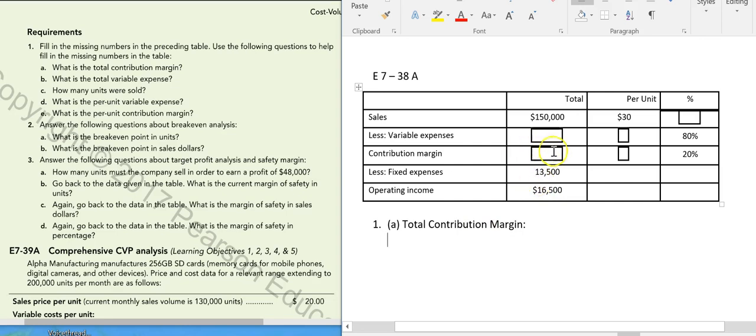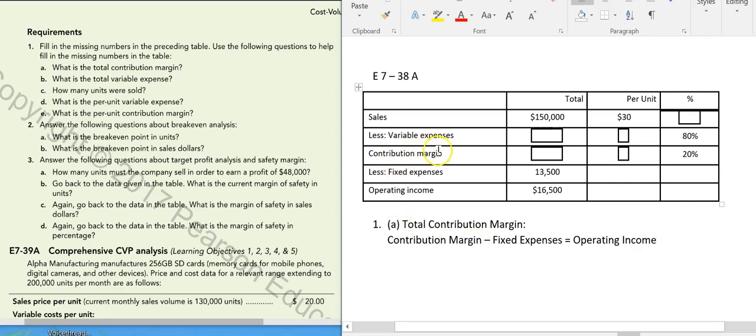So if I just want to focus on this later part of our income statement, we can write it down this way: contribution margin minus fixed expenses is equal to operating income, right?